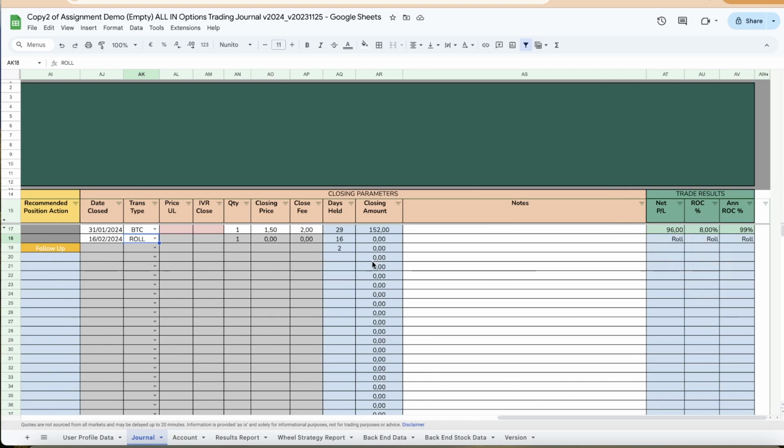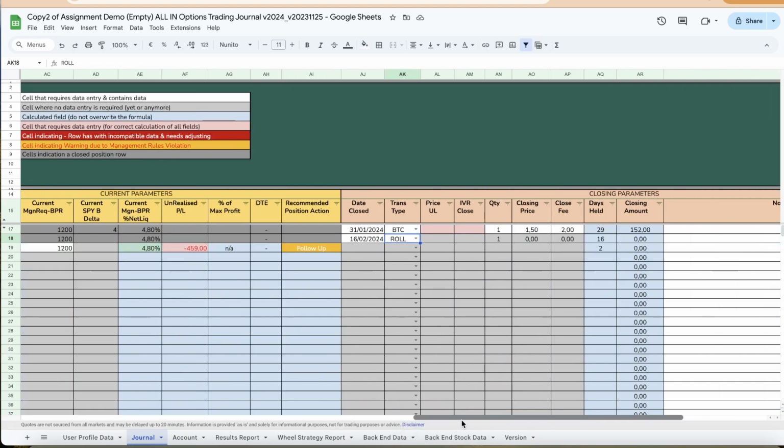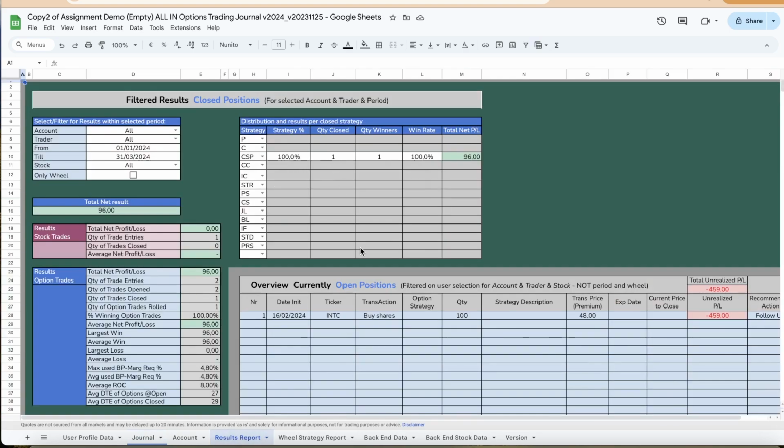So if I go back to my results report, you can see I have only closed one cash secured put with a profit of $96 for that put transaction, and I still have my open position with my shares. Of course, your question should be, where is the premium that I got for my second cash secured put taken into account? That's actually a great question.